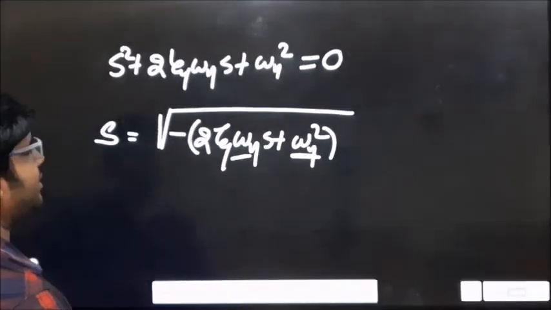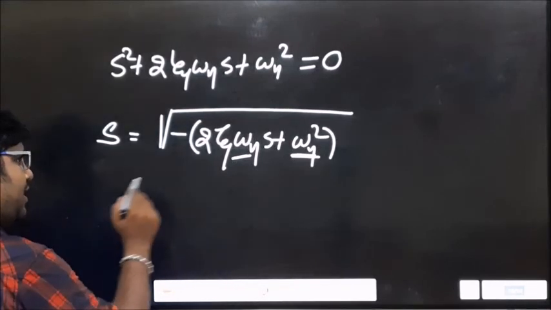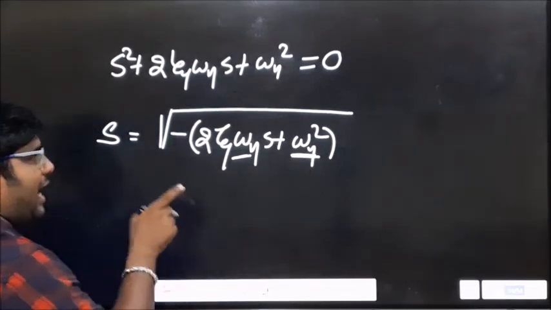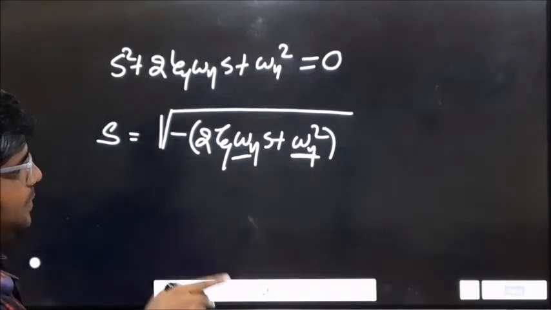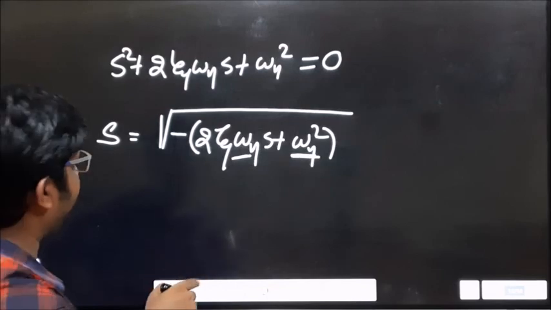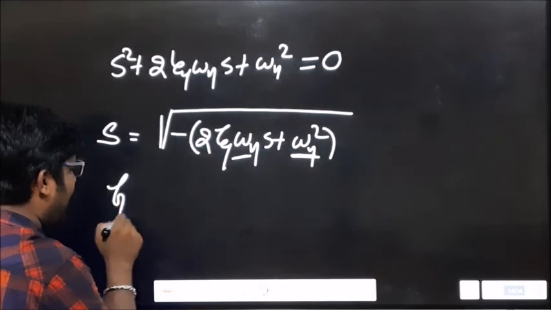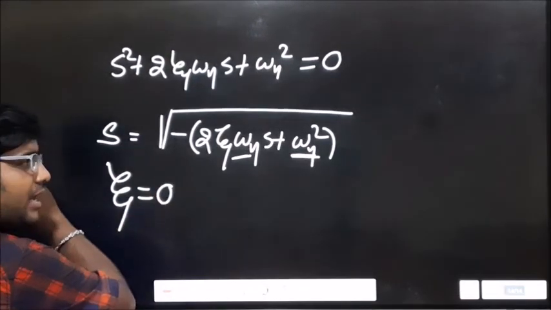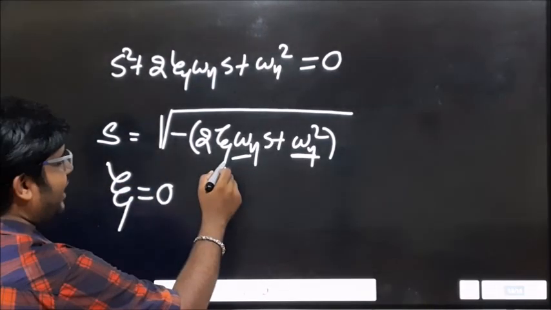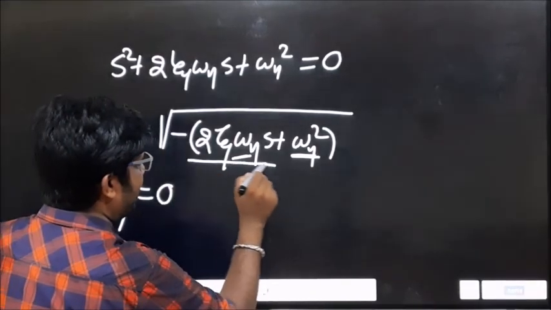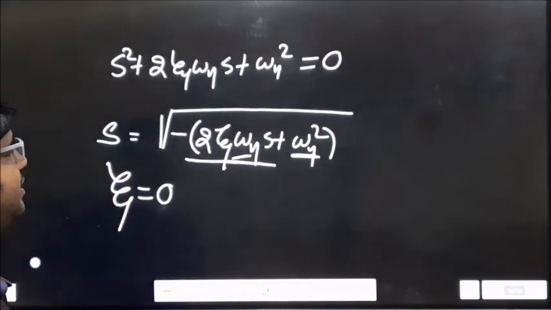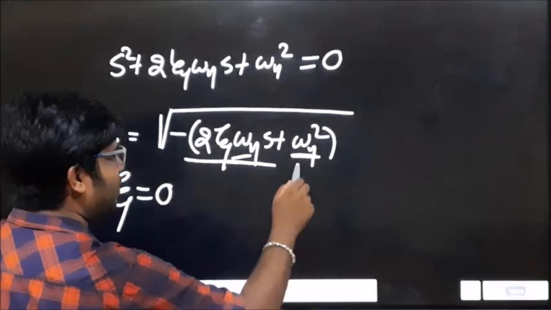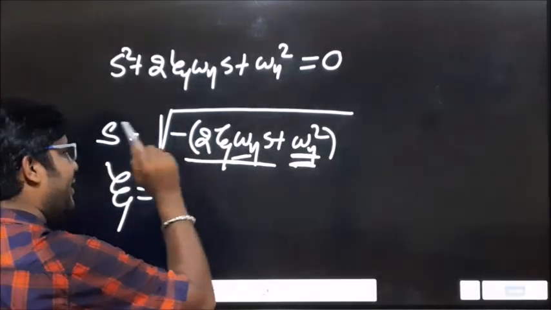Whenever you see this, zeta is not available here, only omega n is available. I told you the analysis of stability will depend upon the zeta value. So let's say zeta is equal to 0. If I make zeta equal to 0, this total term vanishes, and we reach only this term with a negative sign.